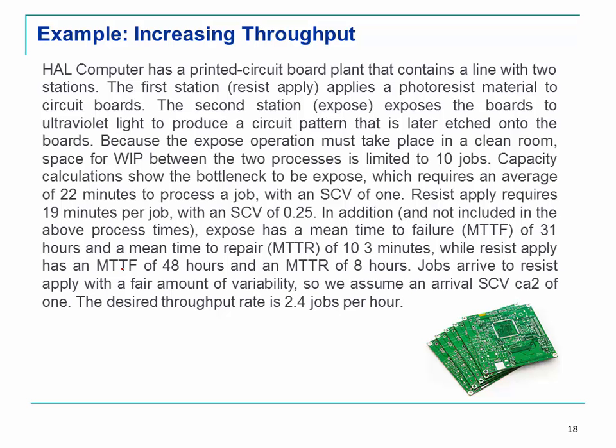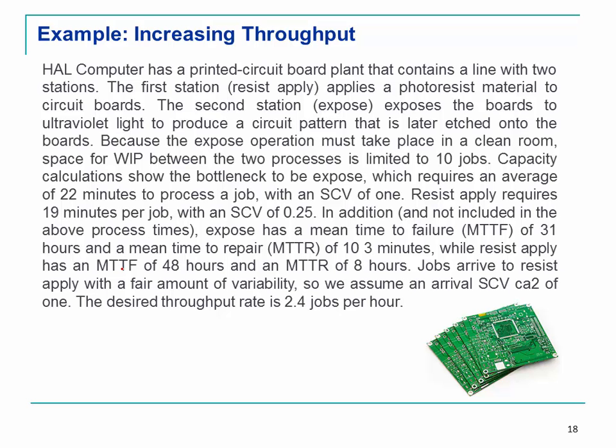So here's a good example. This one is coming from your textbook in order to show you what are the things that we can consider for increasing the throughput. So this is a company that has a printed circuit board plant that contains a line with two stations. The first station is called resist supply, applies a photoresist material to circuit boards.